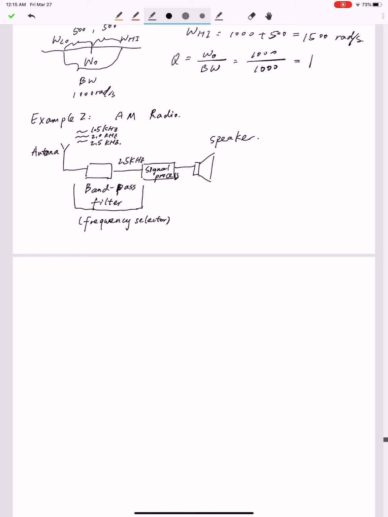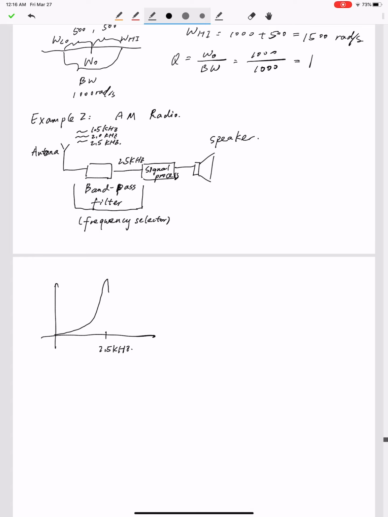Before the signal passes through a bandpass filter, it has different frequency components. But after it passes a bandpass filter, the only signal that can survive is 2.5 kilohertz, which means the bandpass filter has a central frequency at 2.5 kilohertz, right?